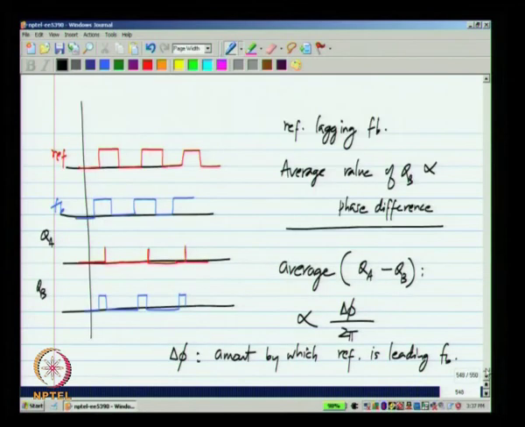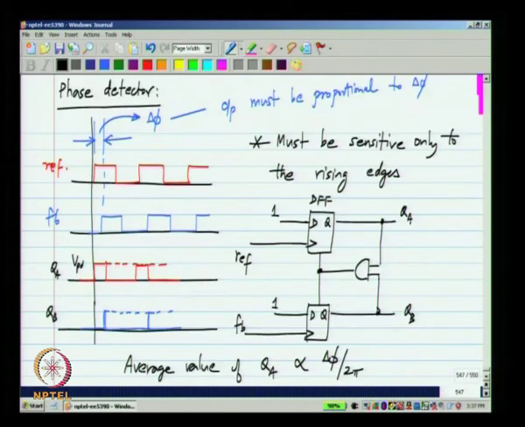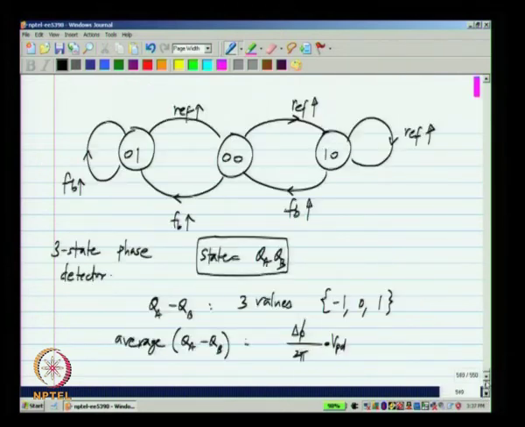By VPD, I denote the voltages corresponding to logic 1. I have either QA or QB, so this will be VPD. And you can see that this has dimensions of volts per radian. So, that is a 3-state phase detector. In an average sense, that gives you the phase difference between the input and the feedback quantity.